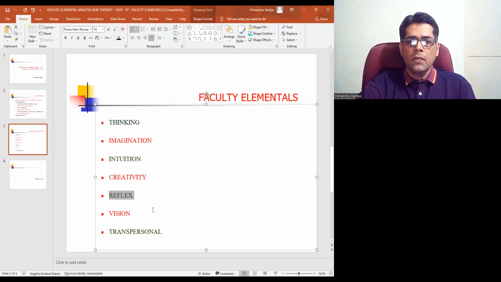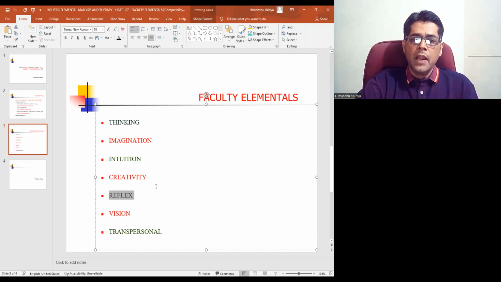Reflex also is a faculty, which is slightly different from intuition, although it looks like one. It comes more from below than from above. And below, by that we mean more of the embedded intelligence, where already pre-thought-out patterns are present in deeper parts of the unconscious.